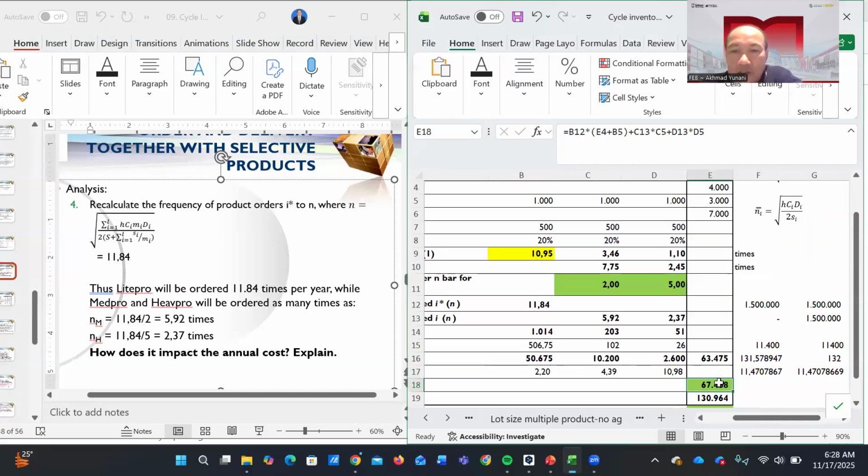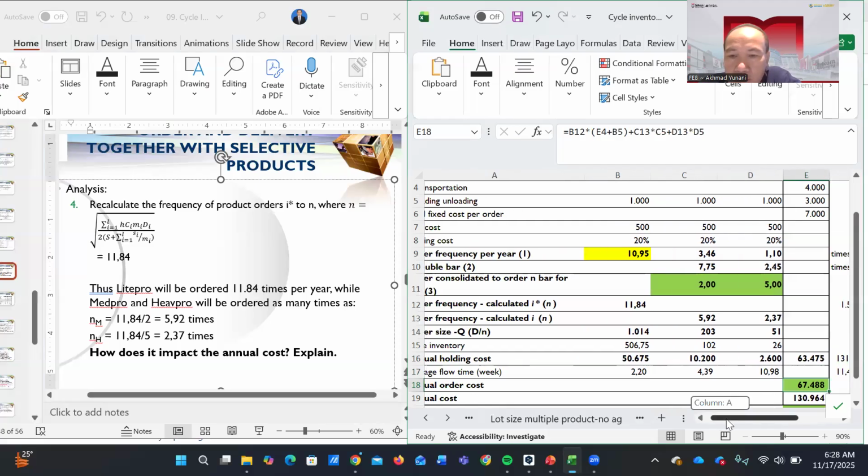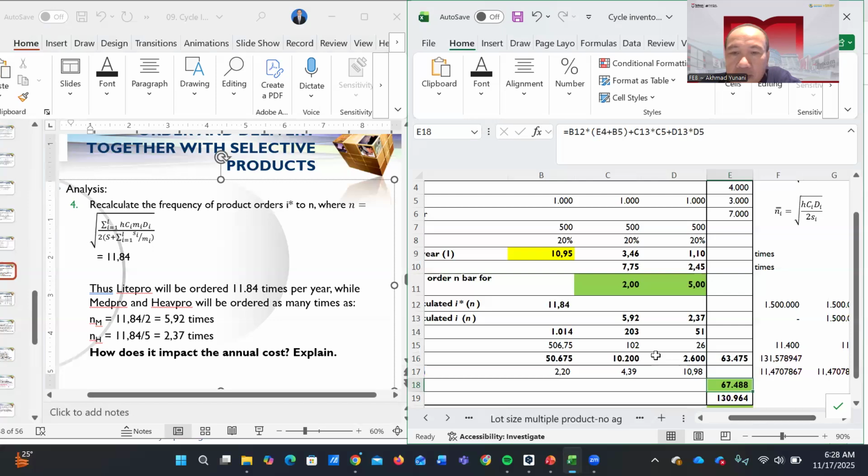The annual order cost is the consolidated order frequency for the three brands, in the order of Light Pro, multiplied by capital S plus small s for every brand.